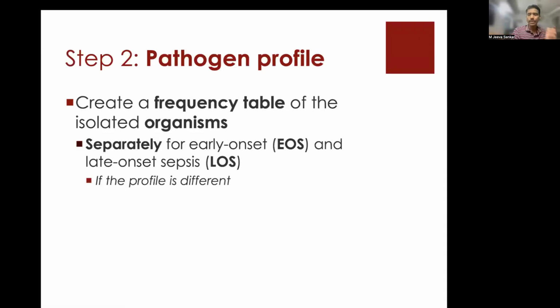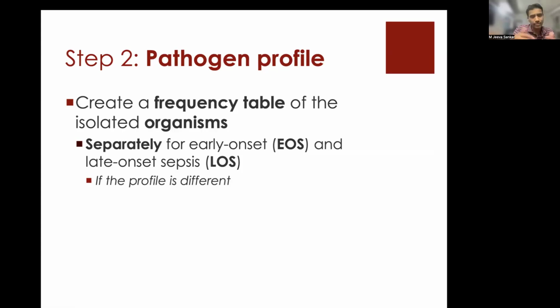That's the first step. The next step is to have a pathogen profile. So what is that? Basically, you create a frequency table of these isolated organisms separately for early onset sepsis and for late onset sepsis. Based on Dennis's data and the subsequent data which we have generated, we strongly believe that the profile of organisms between early onset and late onset is not very different.